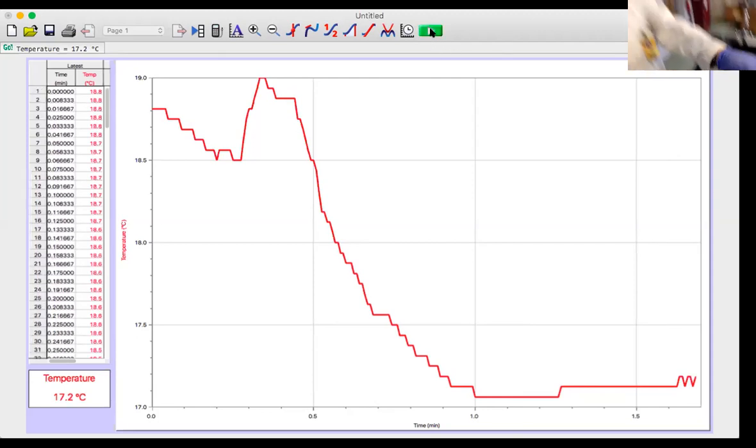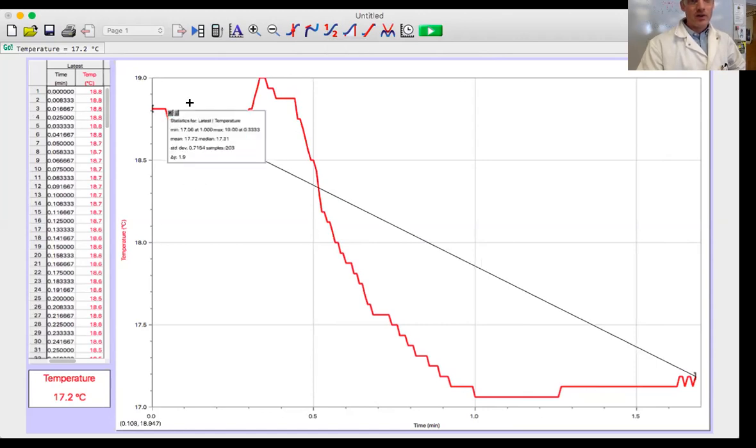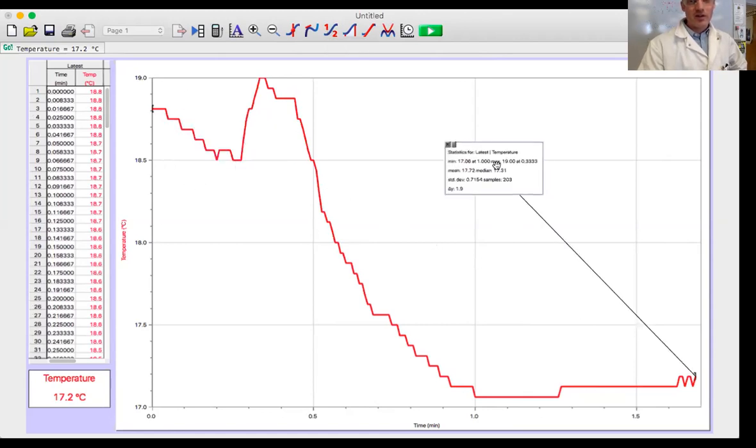Okay, so data treatment. This program's pretty nice because we can see a lot of the details right away. In statistics, we can see for that run that we had a minimum temperature of 17.06, maximum was 19.